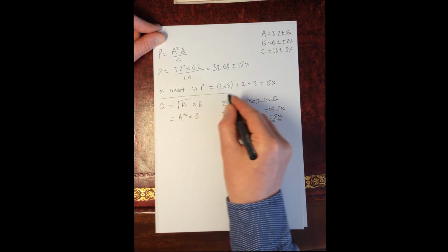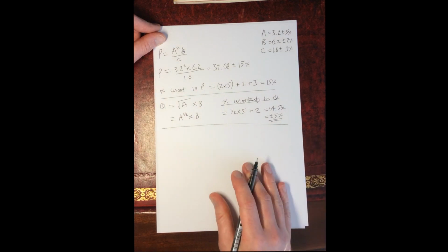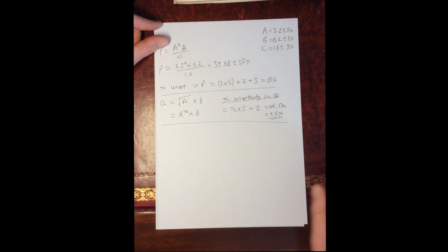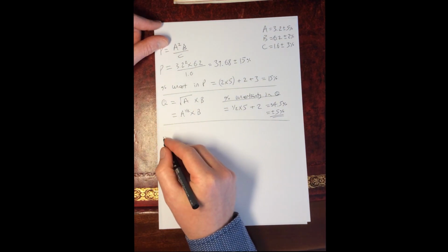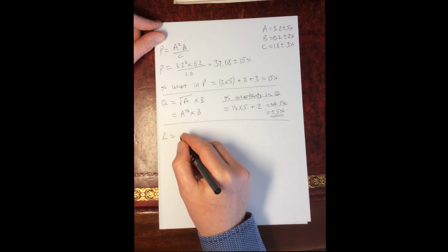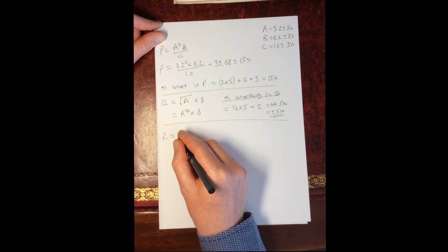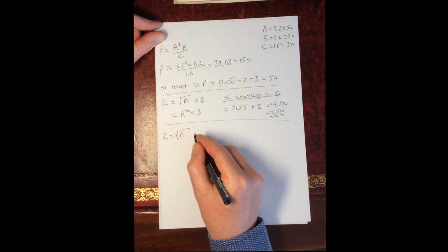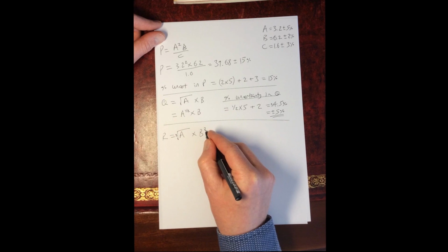Right. So we've got that. Let's look at another example now. So let's say that you've got R equals A cube rooted multiplied by B squared.